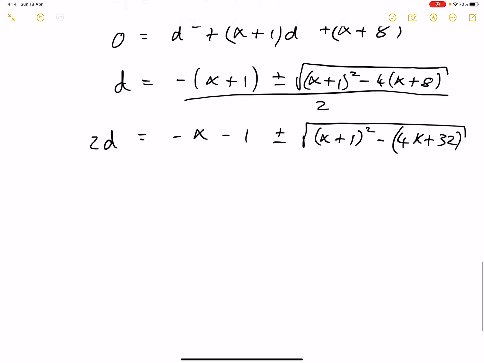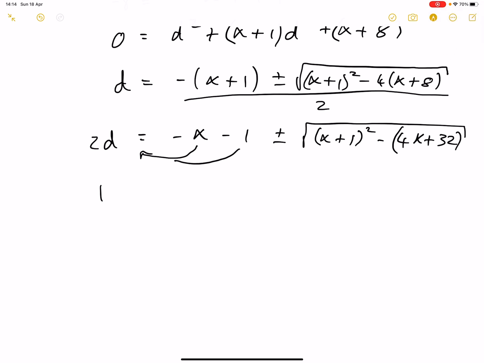And the reason I'm doing this is I want another one of my alpha plus 2d, because I know that is equal to 1. So I'm going to add this alpha to both sides, and I get alpha plus 2d on the left side, which I know I can just replace with 1. But I also have a minus 1 here, so I can add that to both sides.